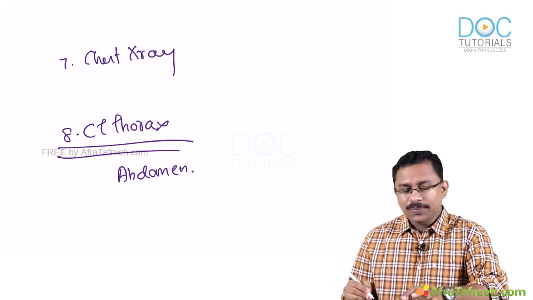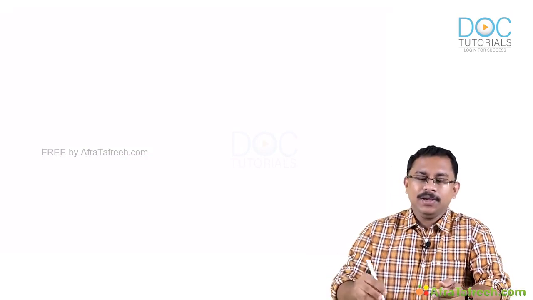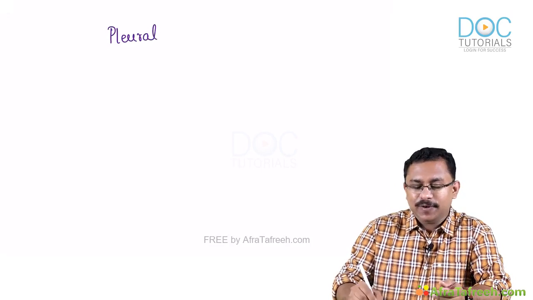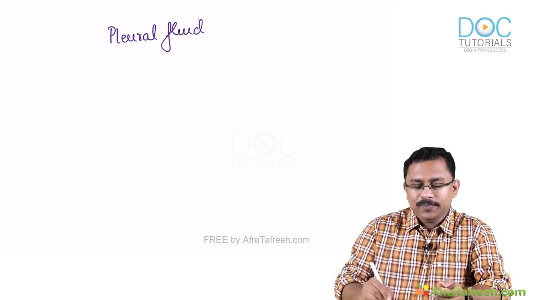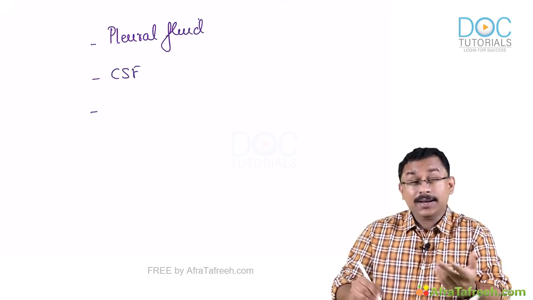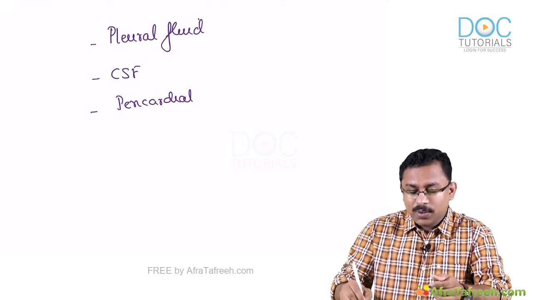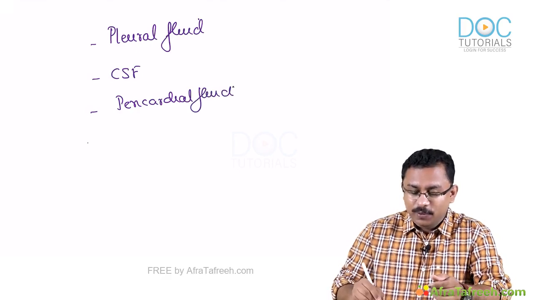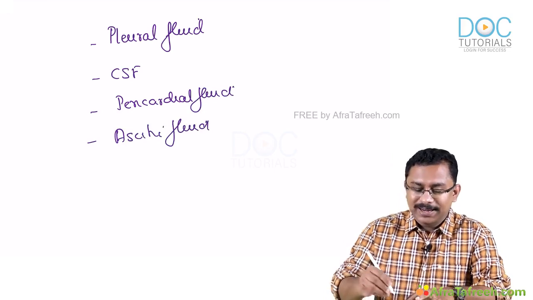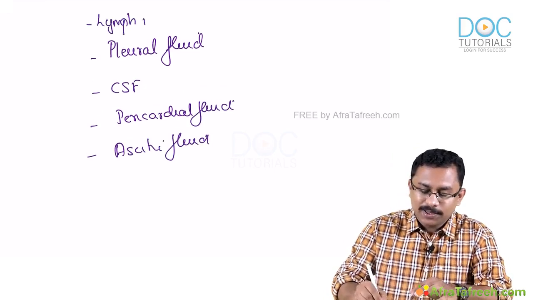And also, if you have an extrapulmonary suspicion, you can go for the CBNAAT study from your pleural fluid or maybe from your CSF. In certain scenarios, even your pericardial fluid. You can even do it from your ascitic fluid. And also from your lymph node aspirate.